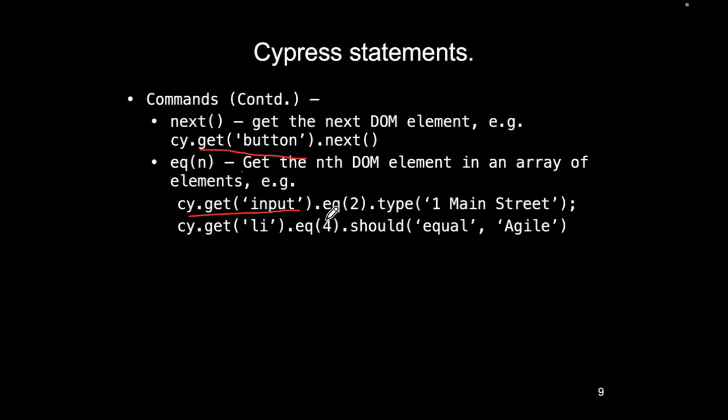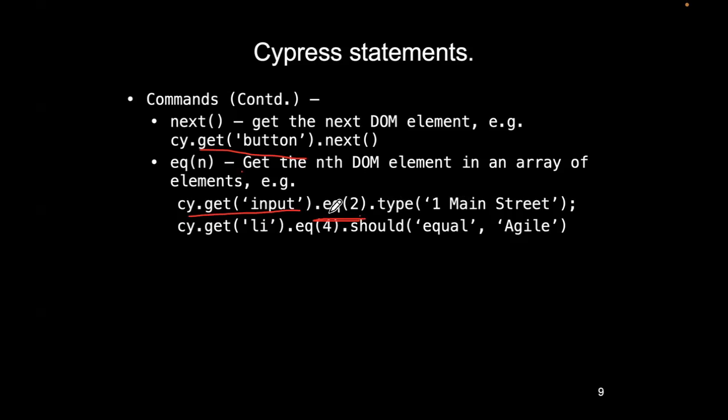And I'm interested in the third text box. It starts at index 0, so eq(2) will pick out the third text box from that array. And then I'm interacting with that text box: I want to type this text into that text box. So that's the eq command.